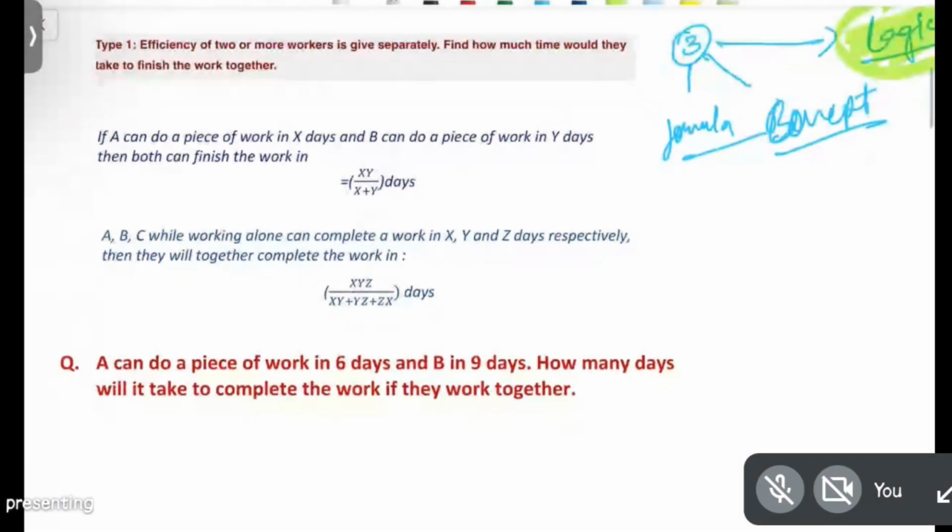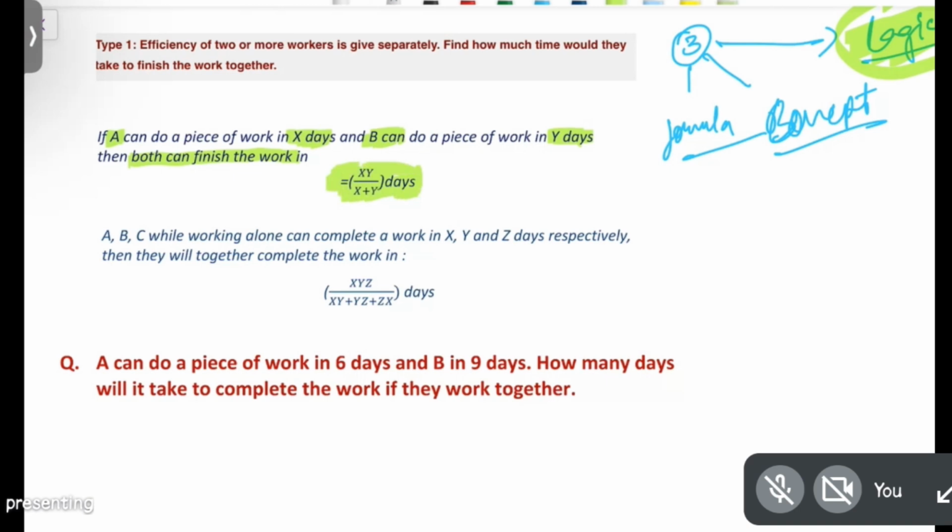Formula number one is this: if A can complete a work in X days, and B can complete the same work in Y days, then if both of them work together, they can finish in these days. This is a formula. If we go by the formula approach, we need to memorize this. This is a must to memorize.